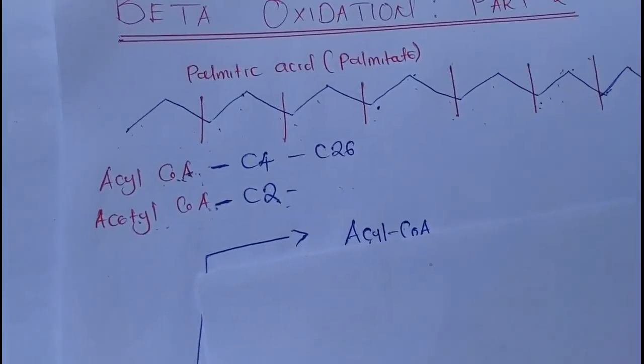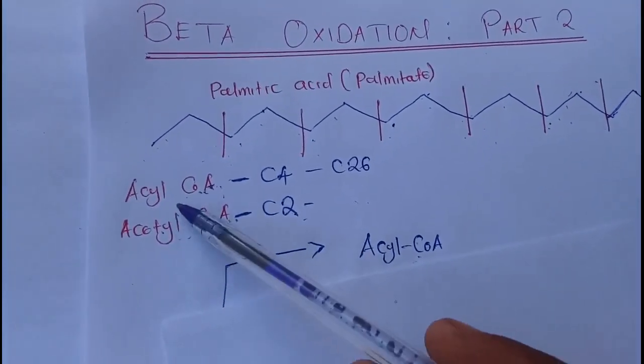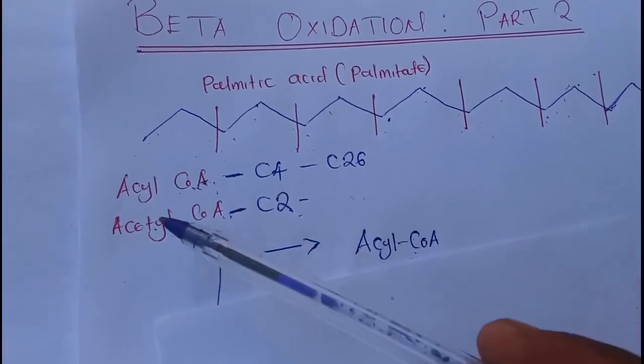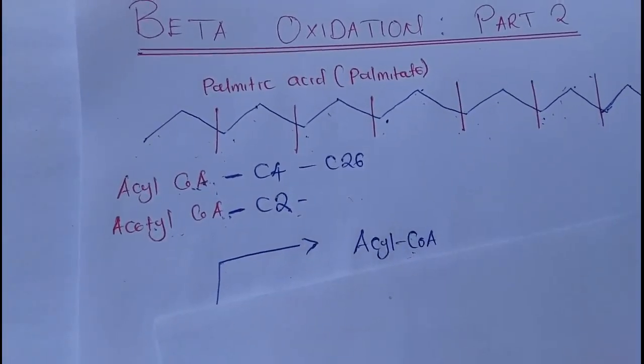Those 2 ATPs that we used to produce acyl CoA, we need to consider them when calculating our total.